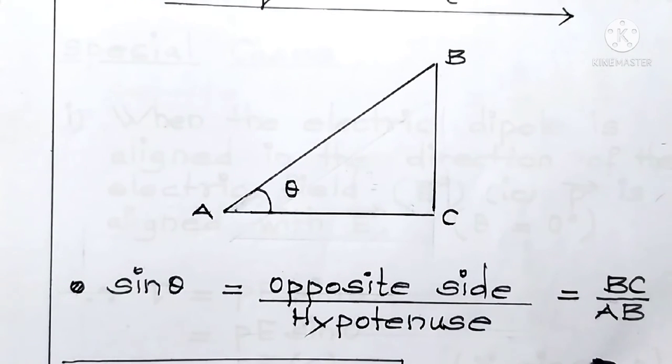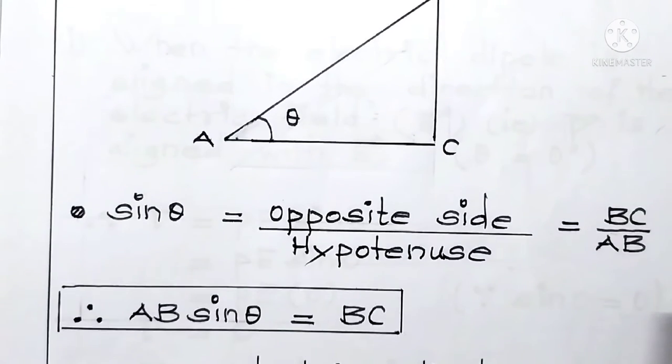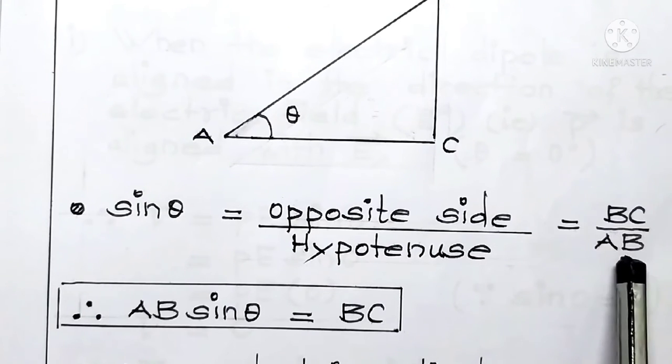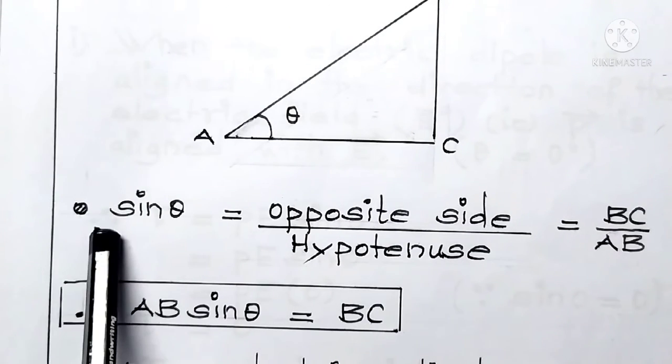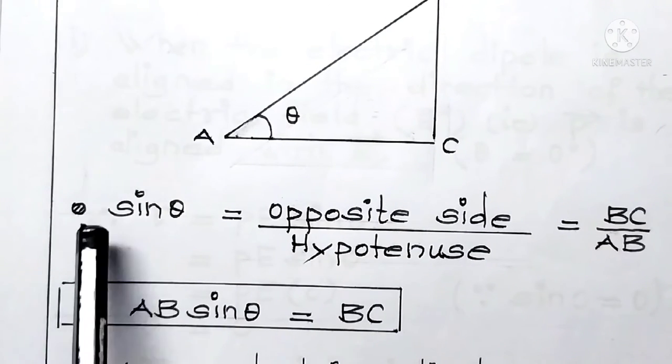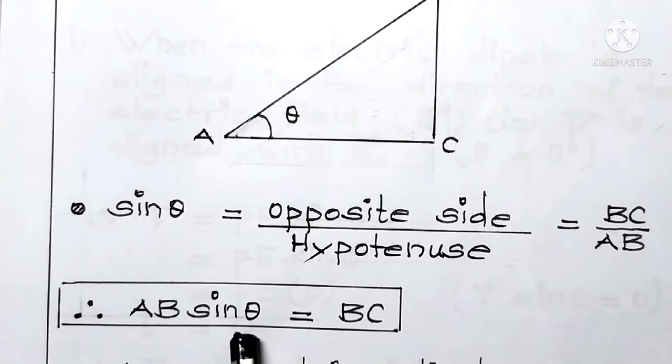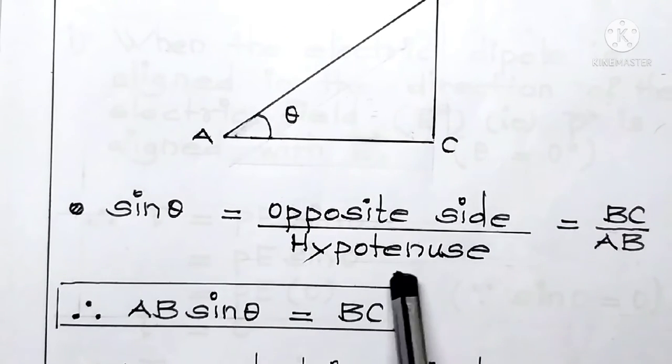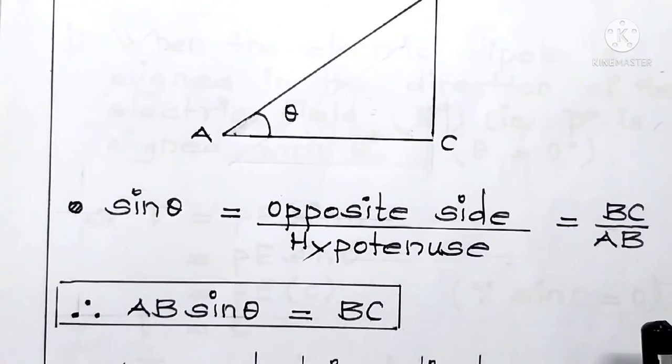So BC by AB. In the next step, let me bring this AB to this side, then it gets multiplied. So AB sine theta is equal to BC. An equation we have got.